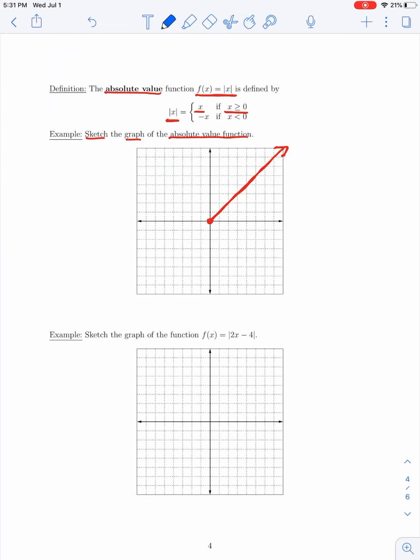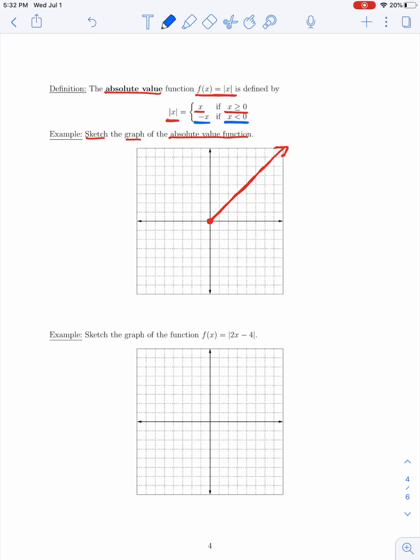However, the absolute value function changes definition at 0. If x is negative, then the absolute value of x is taken as negative x. So if x is a negative number, when we take the absolute value, we're taking the negative of that negative number to get its positive value.